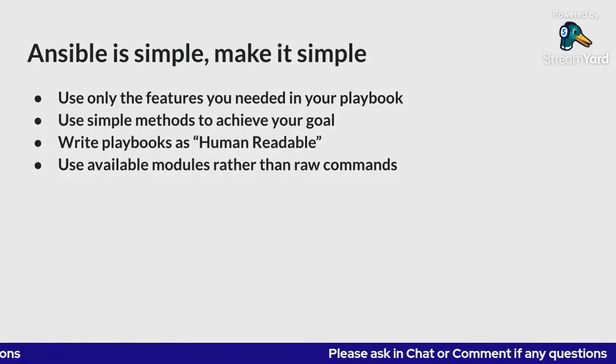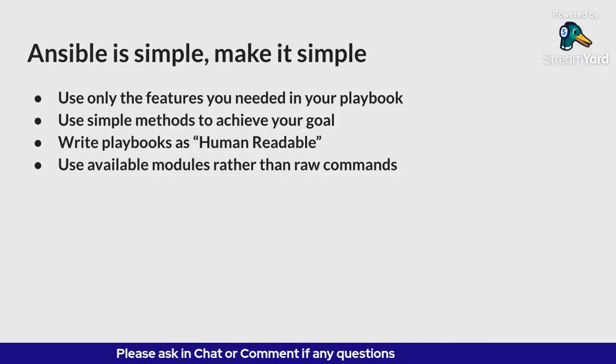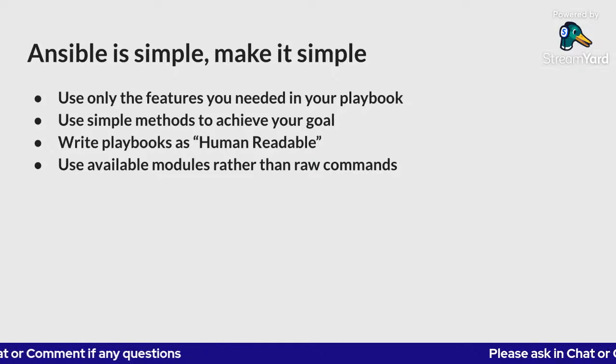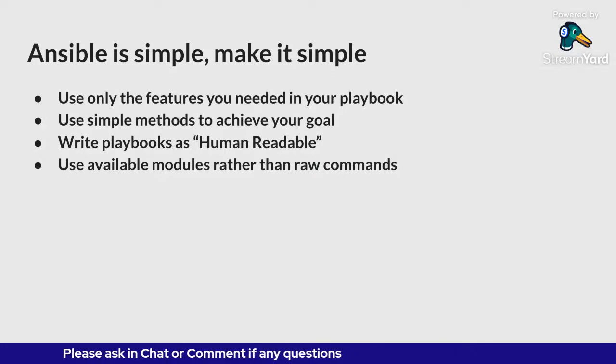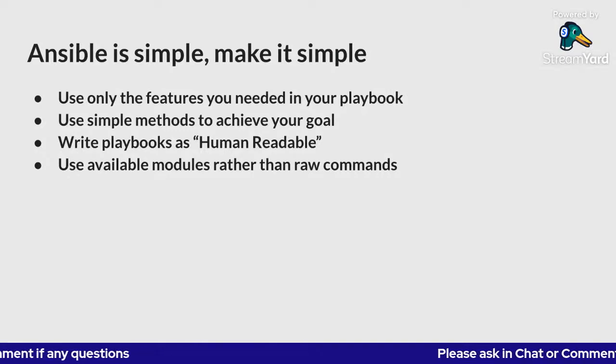That means do not mix a lot of items inside your playbook. Make sure that if you share it with a colleague or another person, he should be able to understand what this is, how it works, and what tasks it is actually doing. So don't make it very complex. Make it human readable, as simple as that.